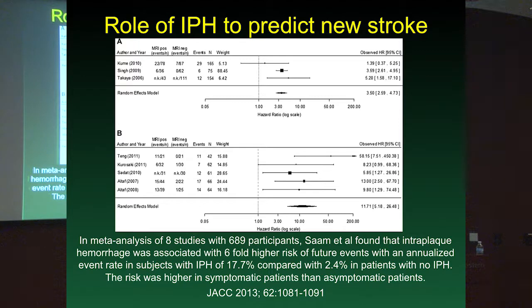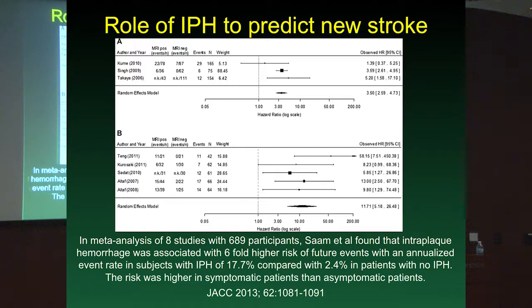In the same way, the intraplaque hemorrhage is the end stage of vulnerable plaque, and Tobias Sam reviewed 8 studies, again, about 700 patients, and he found there was a 6-fold higher risk of future events with an annualized event rate in subjects that did have intraplaque hemorrhage of almost 18% compared to a little over 2% if you didn't have plaque hemorrhage.